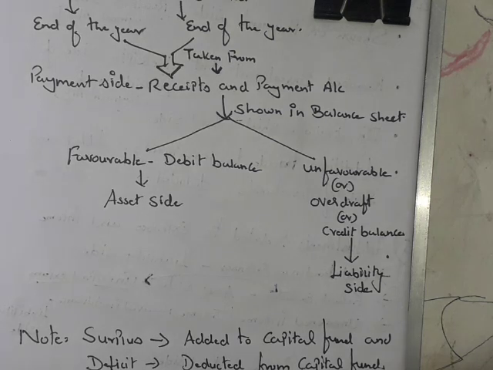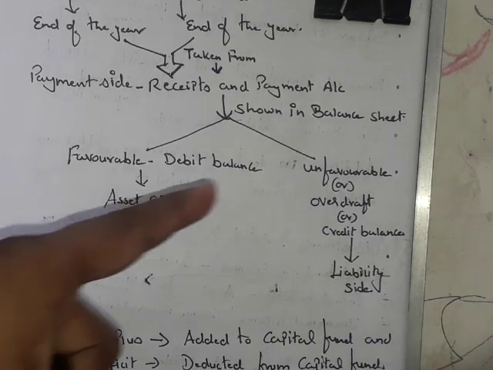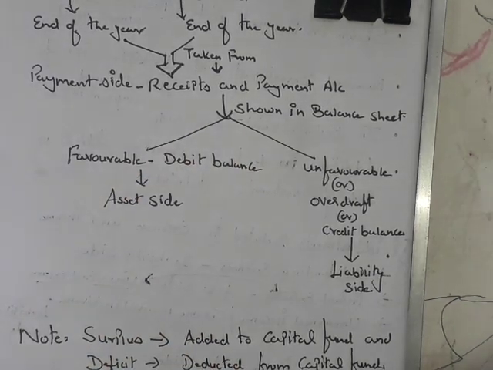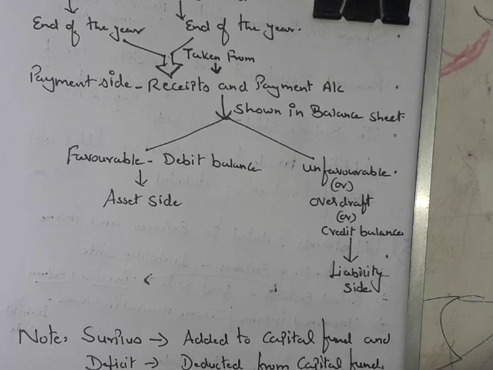If the payments are more and receipts are less, then the balancing figure will appear on the debit side. That situation is what we call unfavorable or overdraft or credit balance.